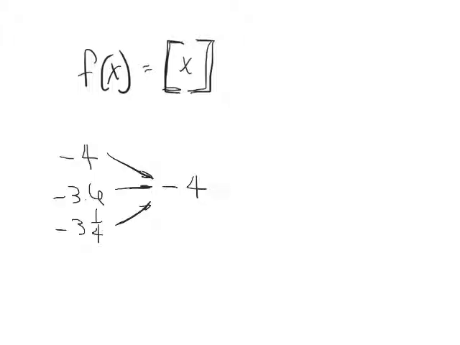The greatest integer function says that when we put in an input, a number, -4 or -3.6 or -3 1/4 or whatever we put, the y value that it's going to kick out will always be an integer, so a counting number, either the same as the input or less than the input.